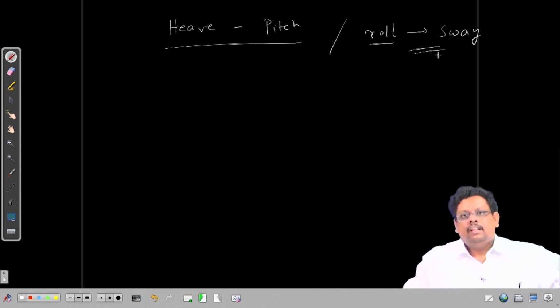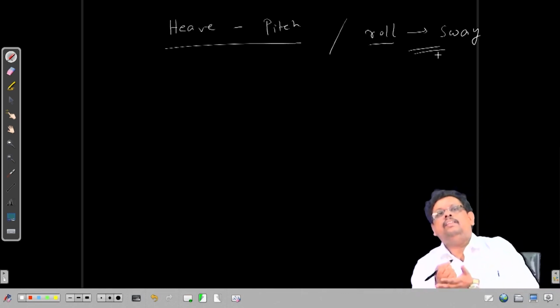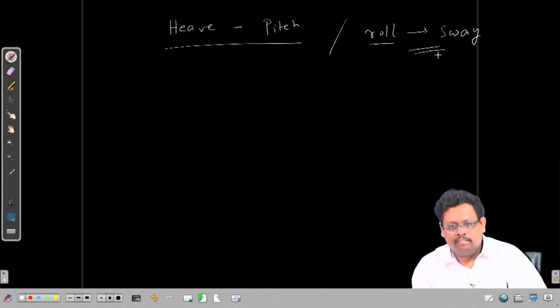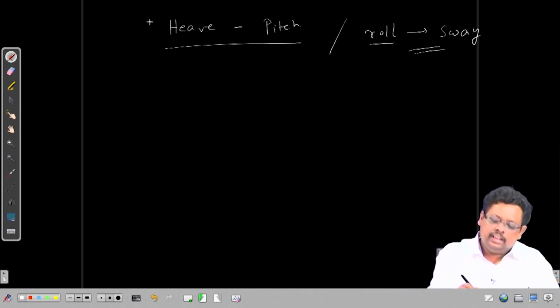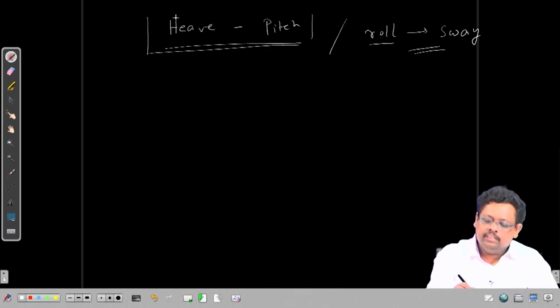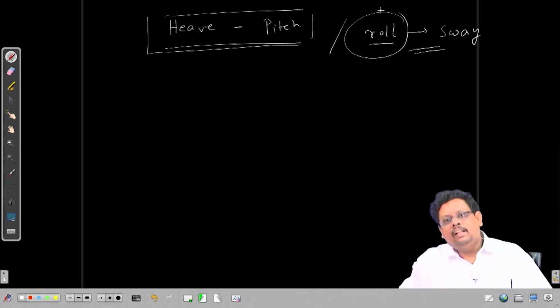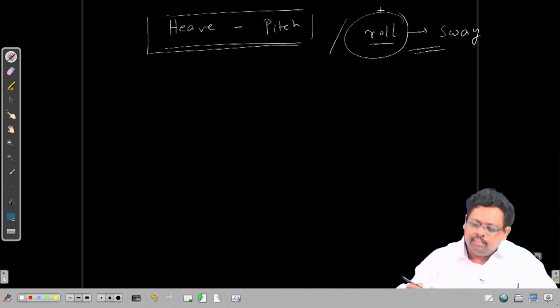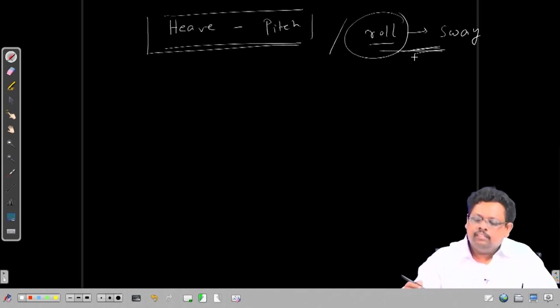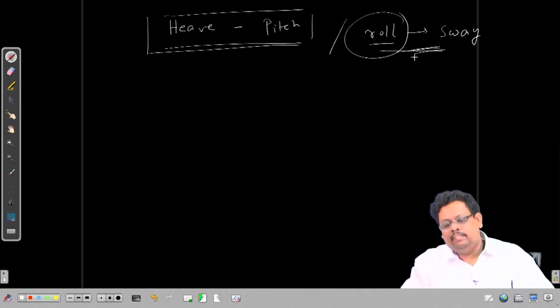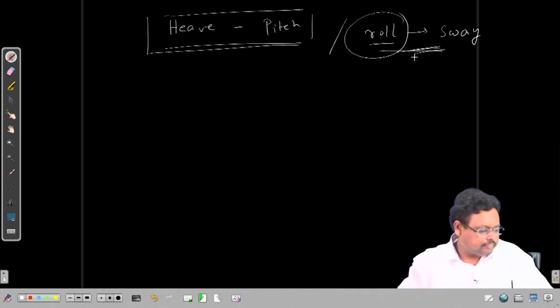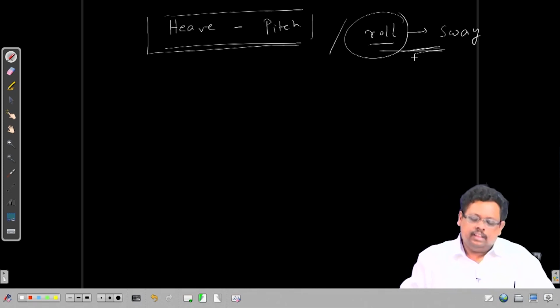So, if you write the equation of motion, most of the software writes the coupled heave and pitch equation of motion, and the roll single degree of freedom equation of motion. Somebody also couples the roll with sway, especially for strip theory and all. Okay. So, let me now write that coupled heave pitch equation.